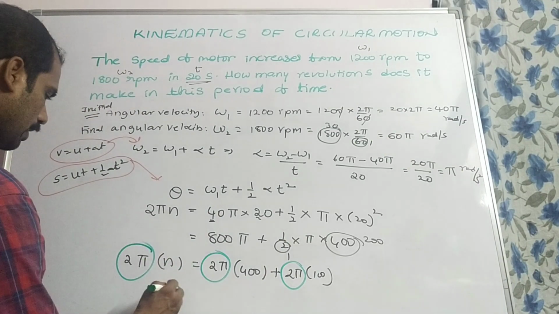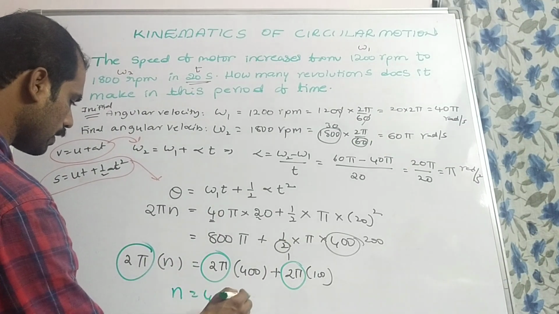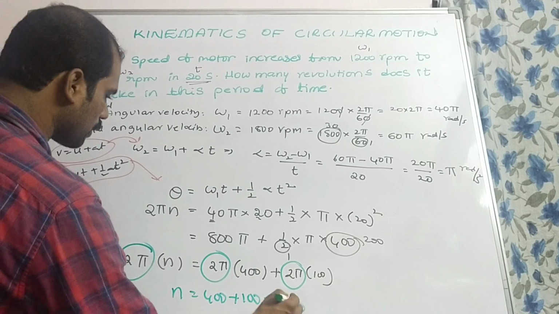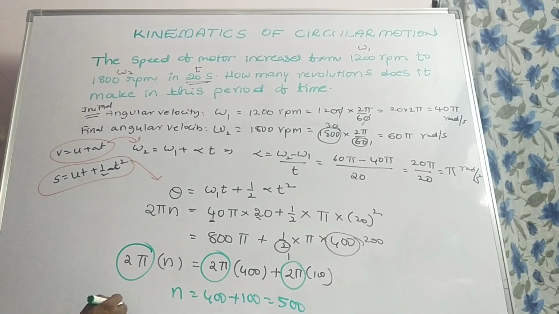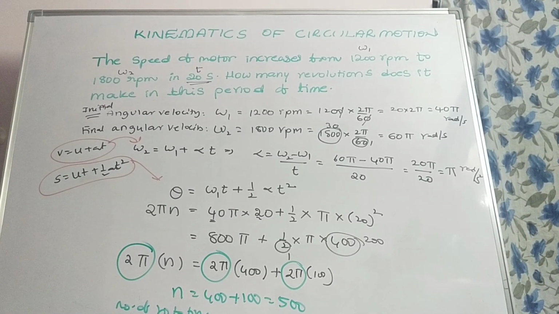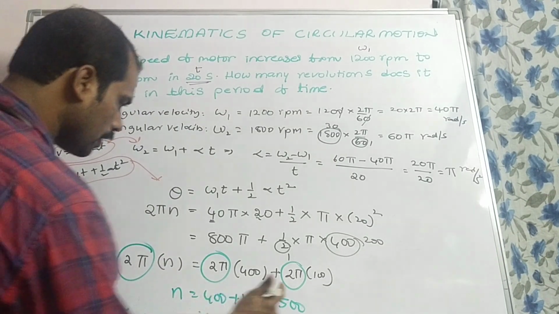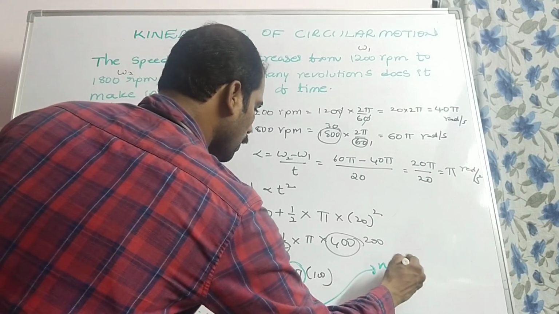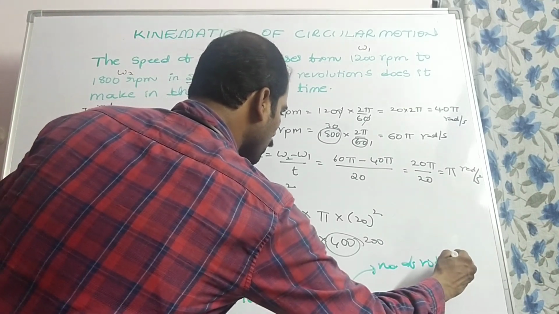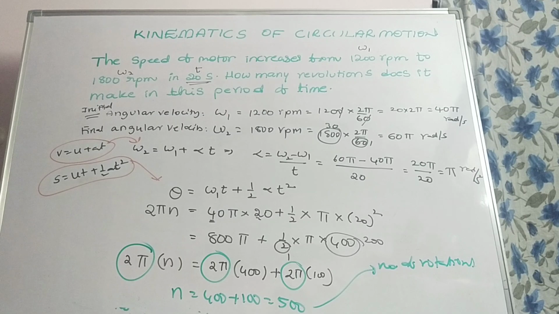Then n is equal to 400 plus 100, that is equal to the number of rotations, 500. The number of rotations becomes 500.